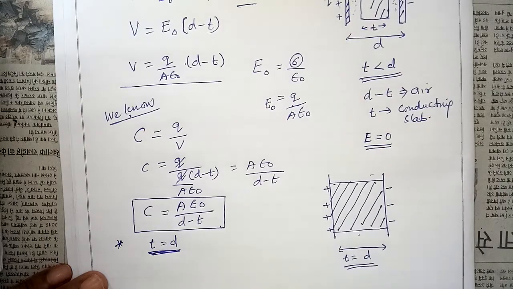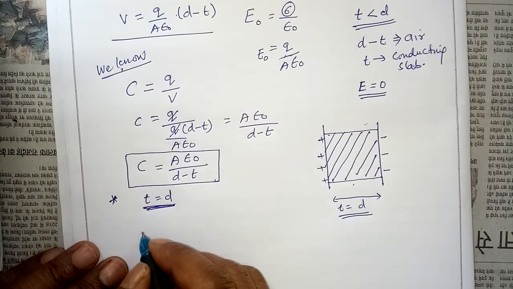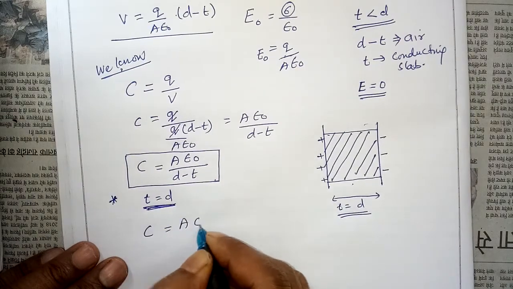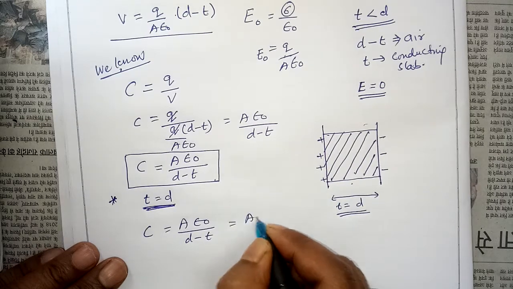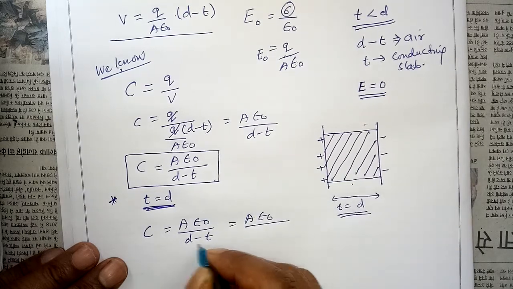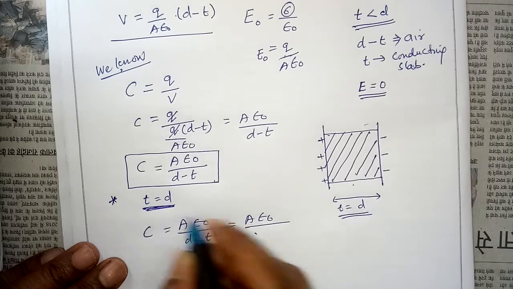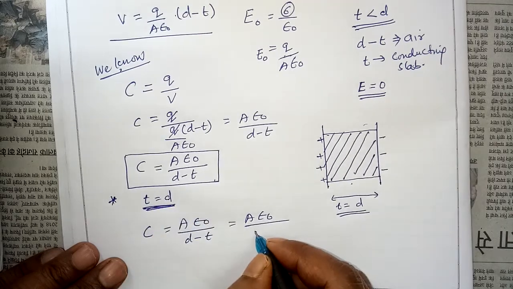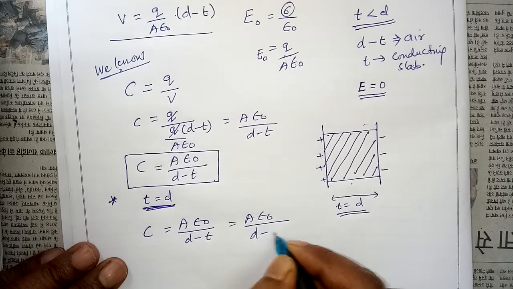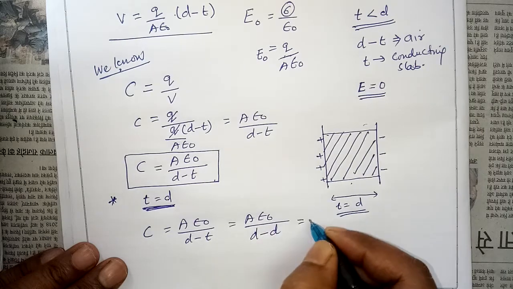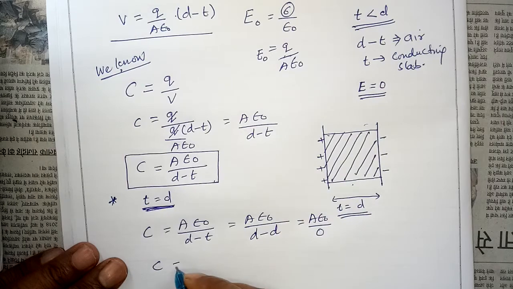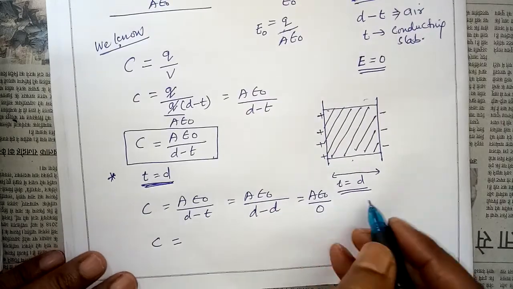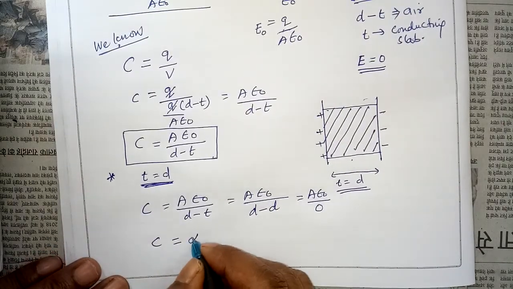So let's apply this condition in the expression which we have, A epsilon naught by D minus T. In place of T we introduce D, so it becomes D minus D, and this becomes A epsilon naught by 0, and we know that anything divided by 0 turns out to be infinity.